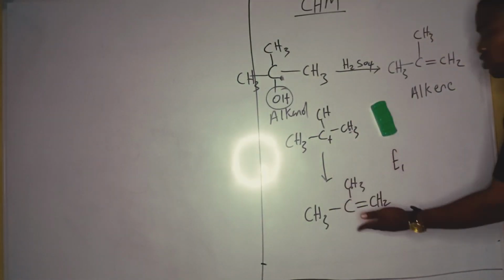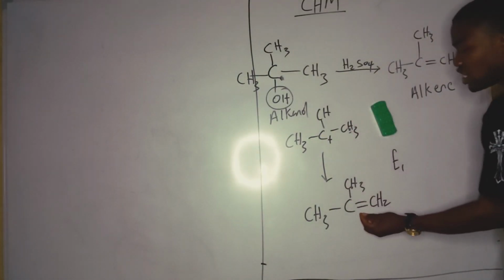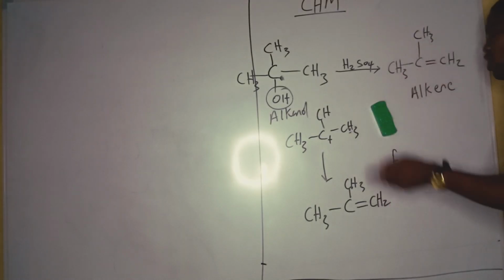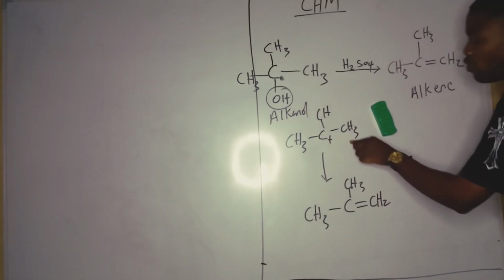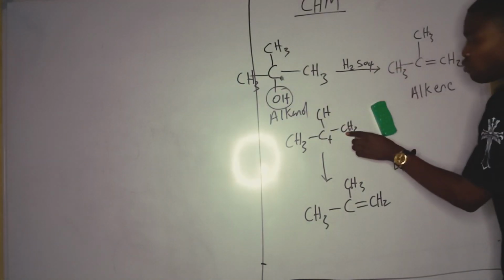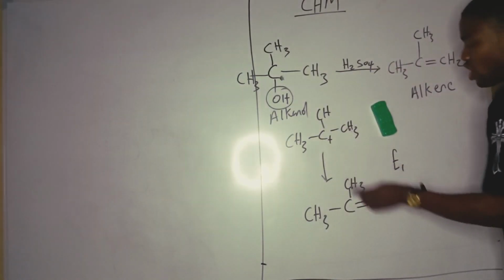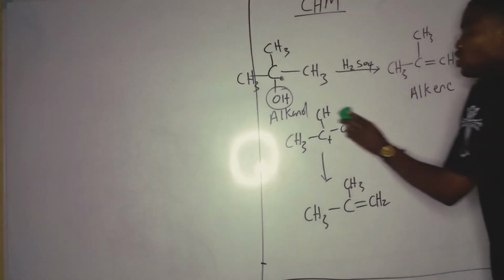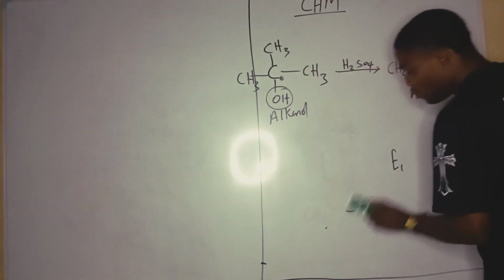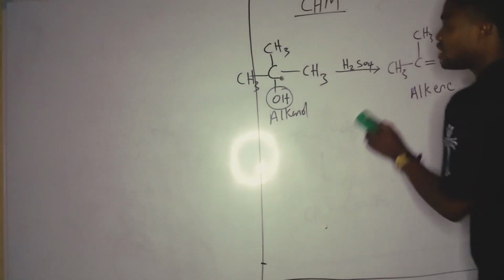The second step involves the base removing a proton from the adjacent carbon, either here or here, to form an alkene. So that's simple dehydration.